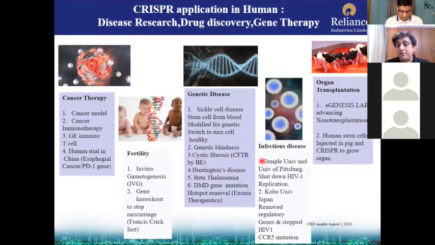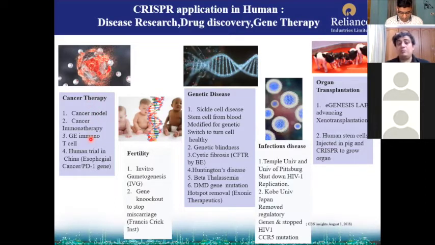I will briefly mention some of the big applications which are already happening. This slide shows you how CRISPR application happens in humans for disease discovery, disease research, or gene therapy. So you can see cancer therapy, different cancer models could be made, animal models could be made by CRISPR-Cas9.